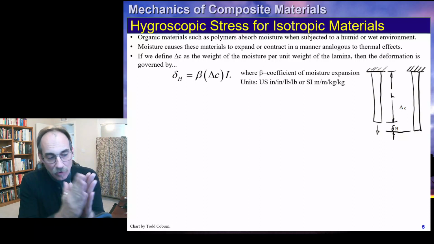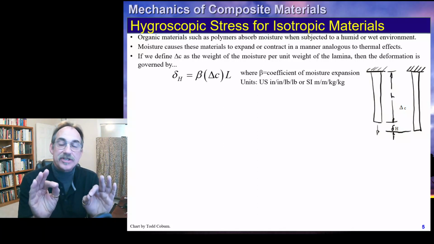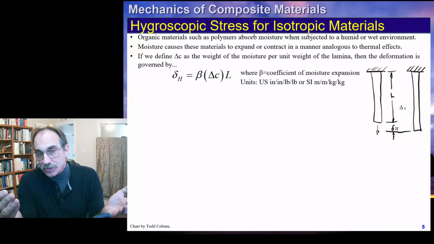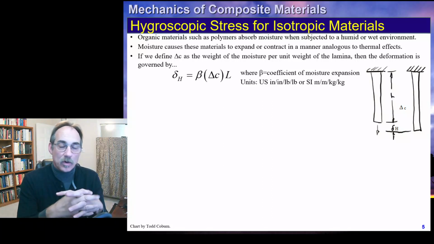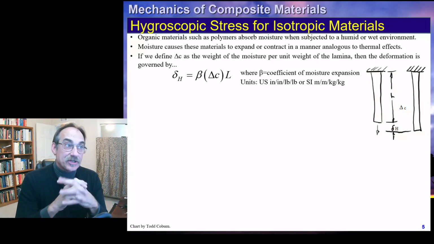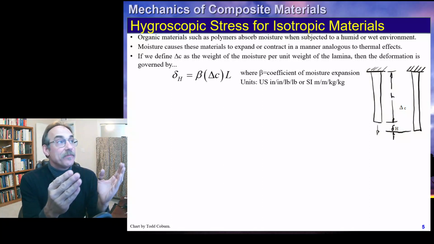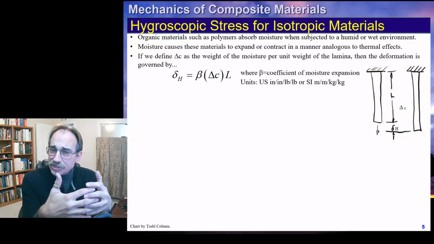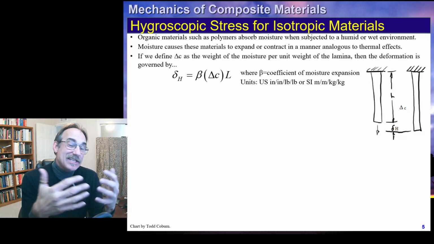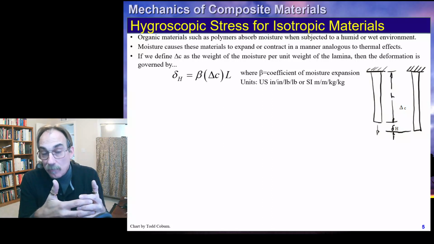The idea of thermal load is familiar to us because it's covered in the elementary chapters of our undergraduate strength of materials, structural mechanics, mechanics of materials, and stress analysis courses.